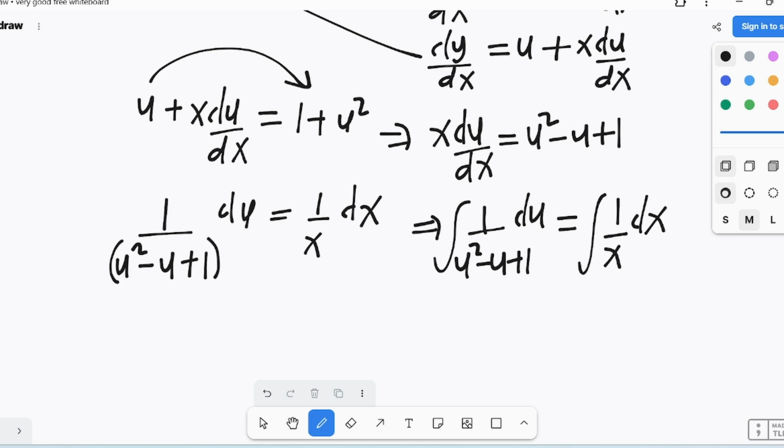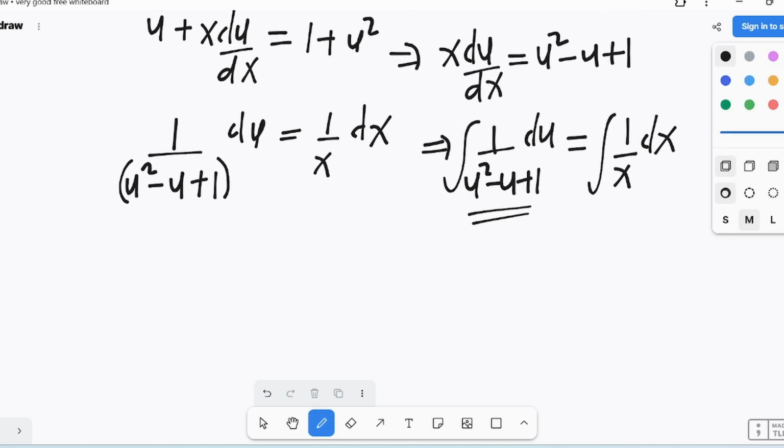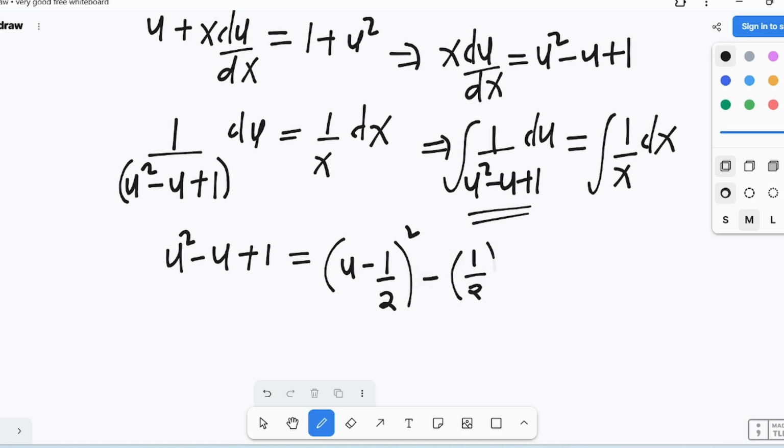Now analysis begins. If you look at this keenly, it does not have roots. If it doesn't have roots, it goes for completing squares then substitution. So completing the square for u squared minus u plus 1, we shall have (u minus half) everything squared, then minus half squared plus 1.